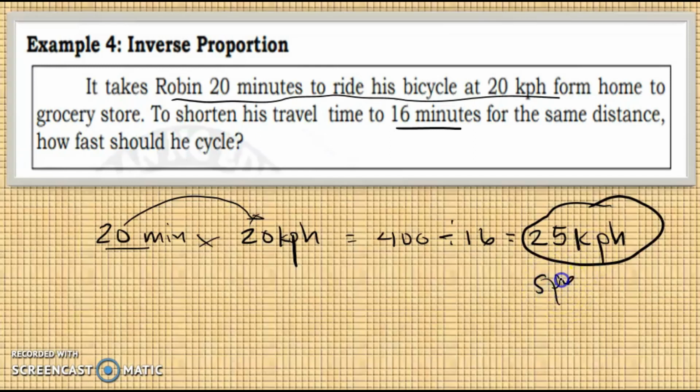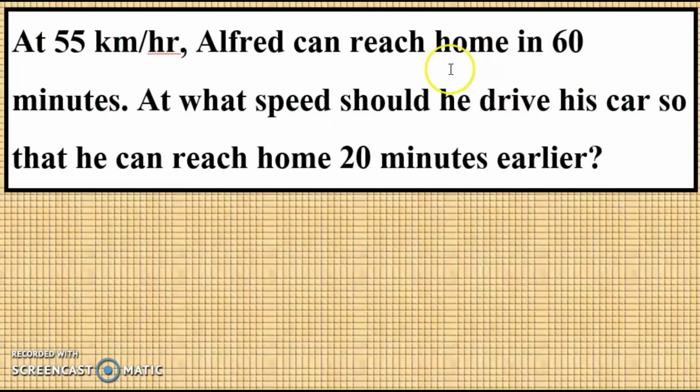Yan yung speed para makarating siya in 16 minutes. So, 25 kilometers per hour, 16 minutes lang. Okay? Kung 20 kilometers per hour, makakarating siya in 20 minutes. Okay? Diba? Okay, so let's have another example.